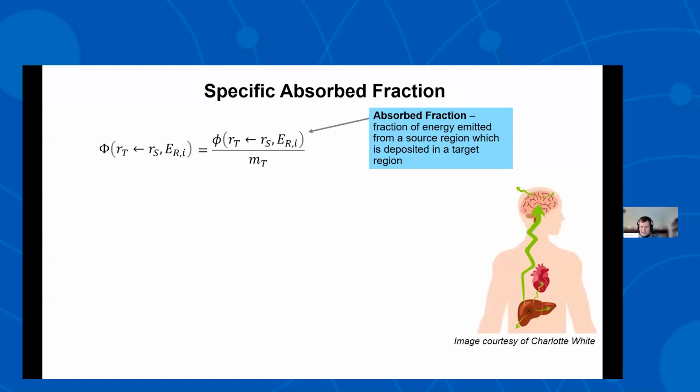So we might consider the fraction of total energy emitted from activity in the liver which deposits in the brain. That would be our absorbed fraction. And then this absorbed fraction is simply divided by the mass of the target tissue. Sticking with our liver to the brain example, we would divide by the mass of the brain since it's the target tissue.